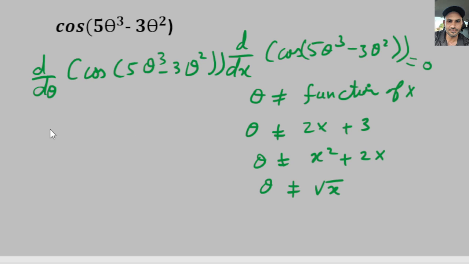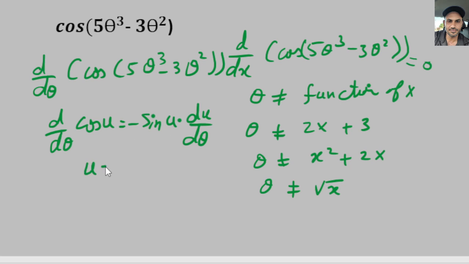Here we're going to apply the chain rule, where d over d theta of cosine of u equals negative sine of u times du over d theta. Here u is a function of theta, and u equals 5 theta cubed minus 3 theta squared. So we plug this in.